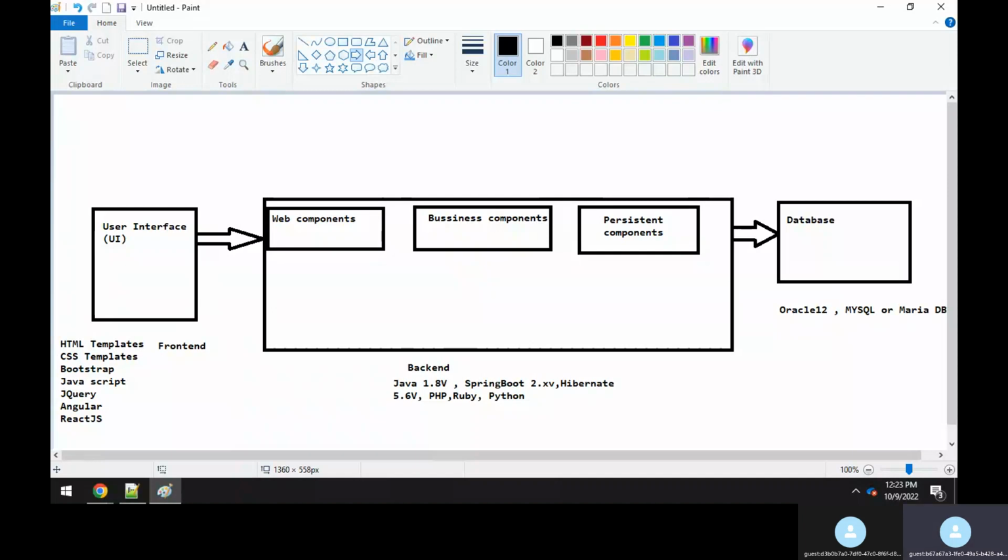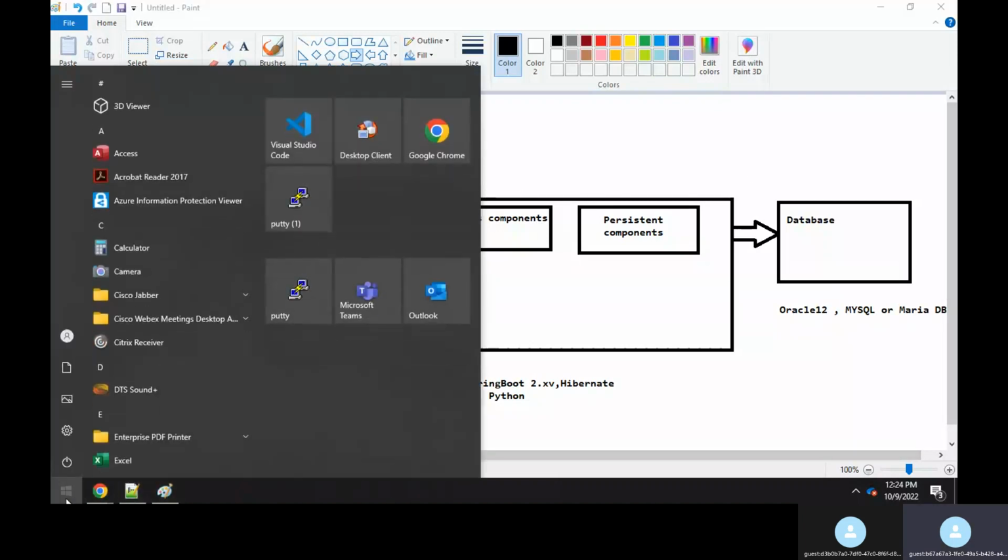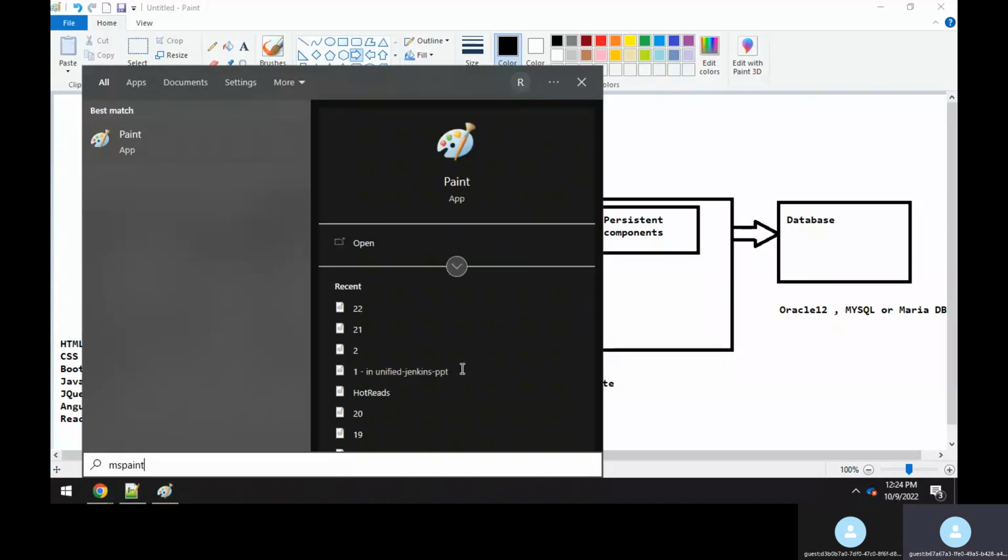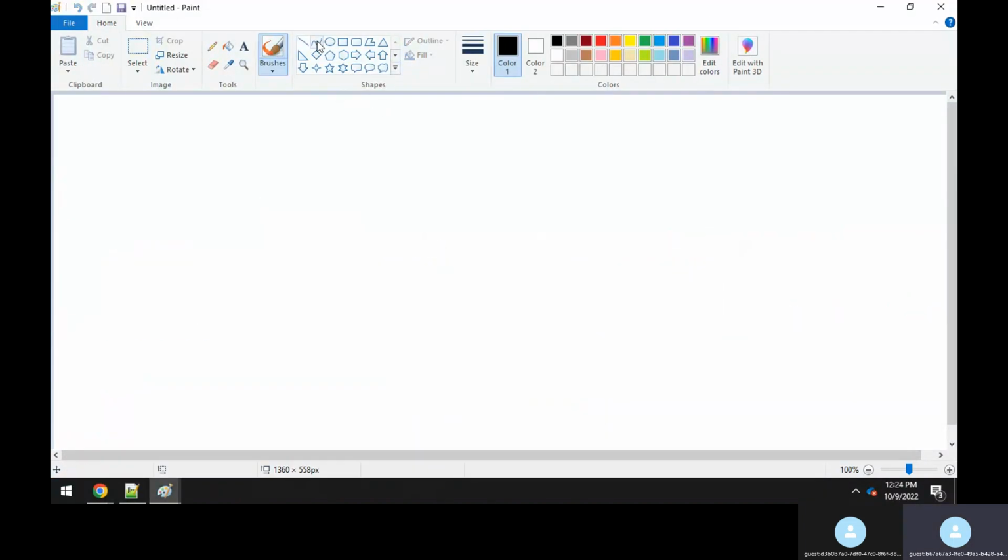Now, after the developer writes the whole code, he is going to keep all this development code in a source code repository, or source code version repository, which we call Git or a Git repo.